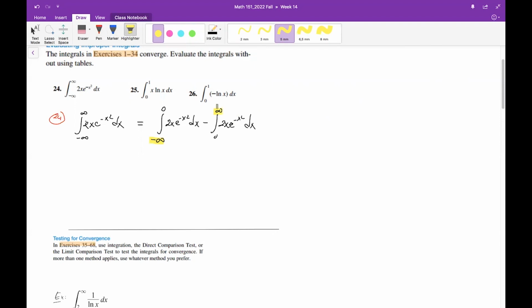You see both intervals are infinite. So this is an improper integral of type 1. So how to deal with them?